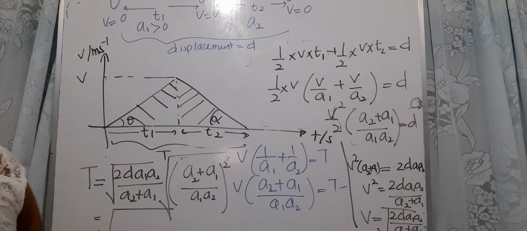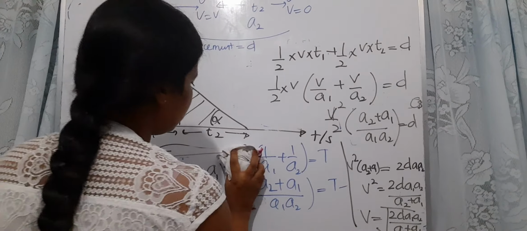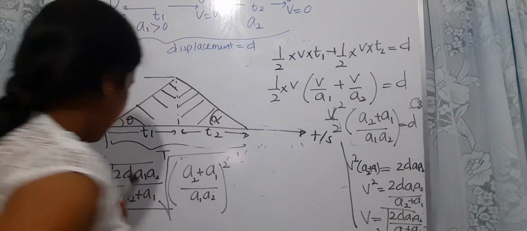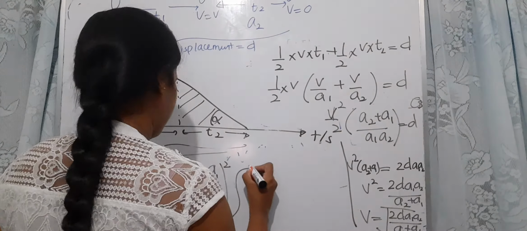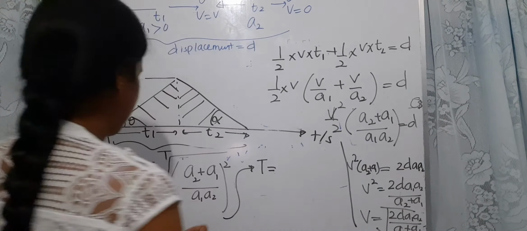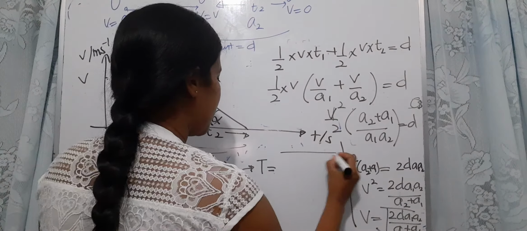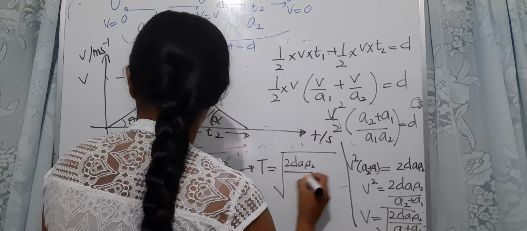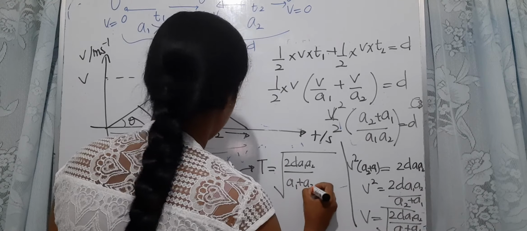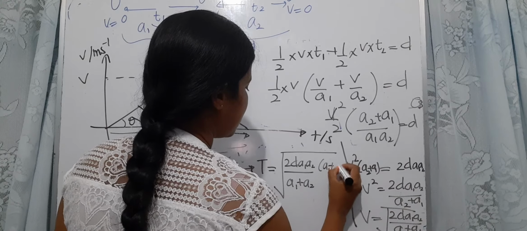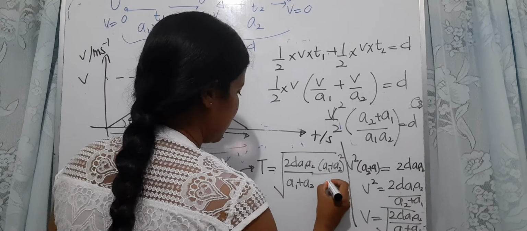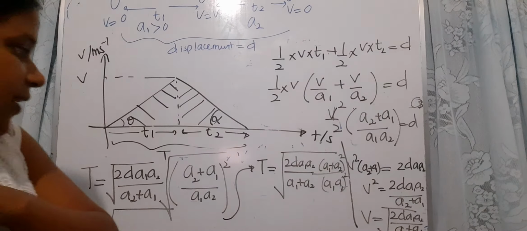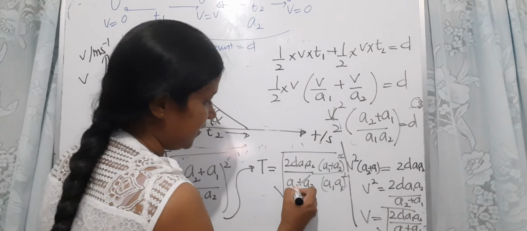Okay, it is not clear, then I'm going to clean this part. Then T equals square root of 2d, A1 plus A2, here A1 plus A2 square of this, A1 A2 square of this. Then I can simplify like this.